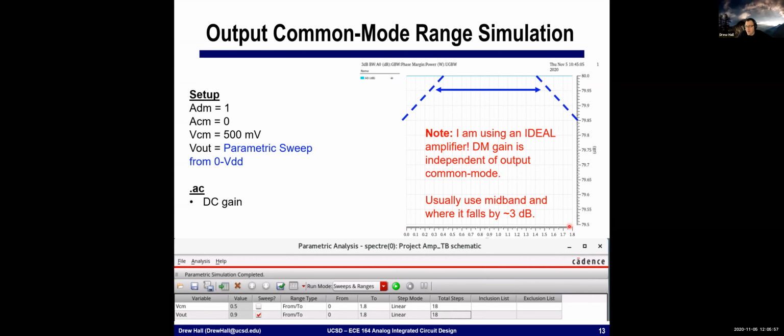Same thing at very high voltage, I'm turning off that PMOS. And so I will lose a ton of gain from that circuit in both of those scenarios. There's some voltage that I need in order to keep that current source happy, both at the input of my amplifier, at the output on the low side as well as the high side. So that's why we'll get this inverted bathtub-like shape.